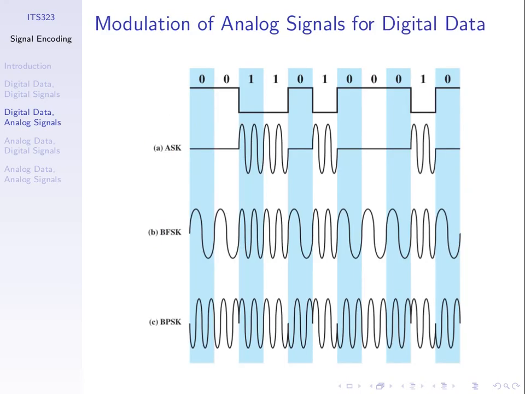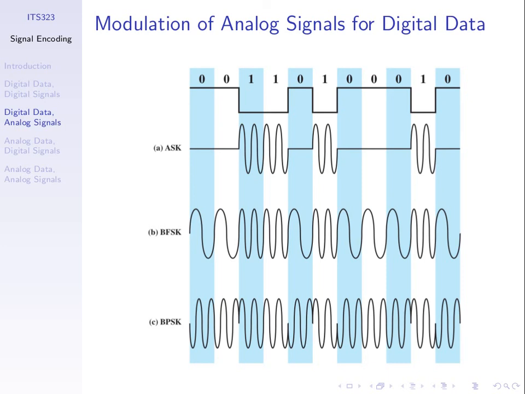In this slide, ASK, amplitude shift keying, BFSK, what's B? What does B mean there? FSK is frequency shift keying, we were shifting the frequency. B means binary. It's commonly used to refer to binary frequency shift keying because we use 2 different frequencies. Here, binary phase shift keying, 2 different phases. We don't have to be limited to 2, we can increase it to 4 and more.